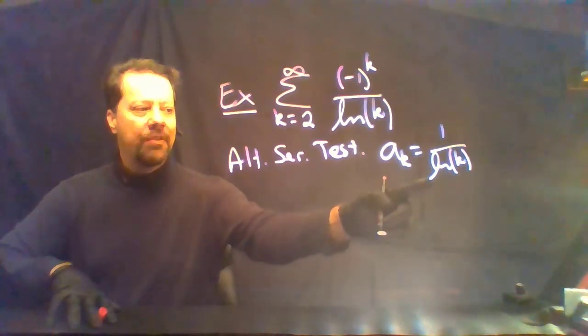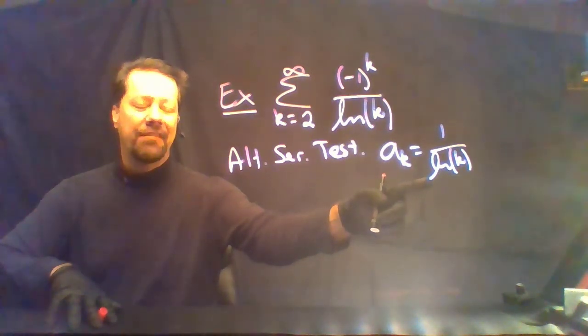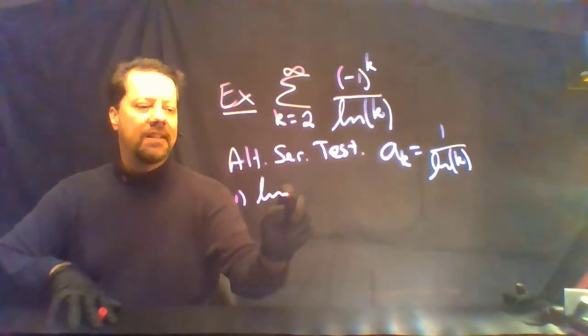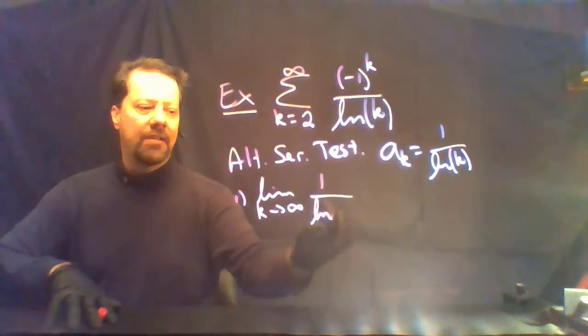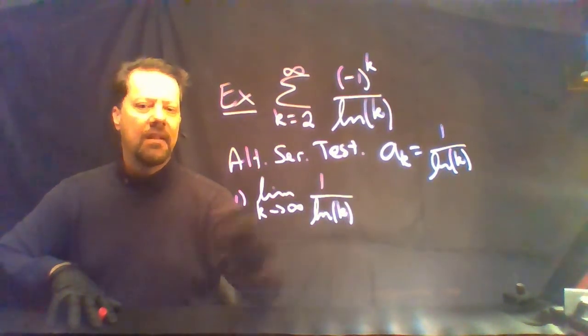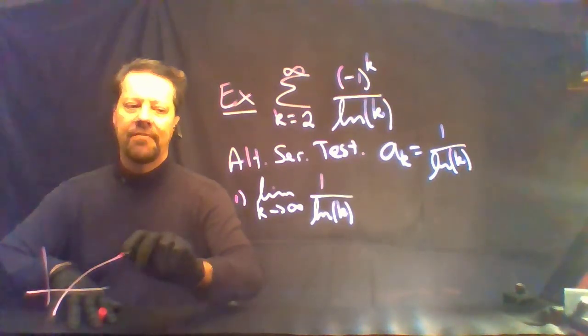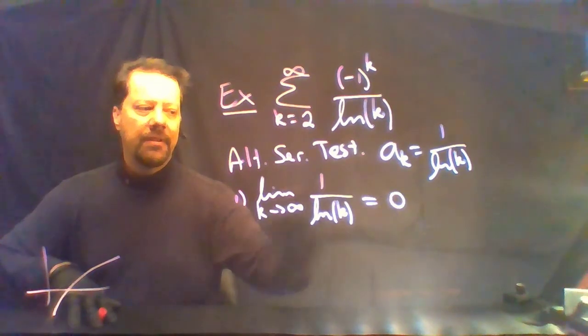We need to prove that these go to 0, and also that they go to 0 in a monotonic fashion. So first, we'll take the limit as k goes to infinity of 1 over the natural log of k. Since the natural log curve goes to infinity, 1 over infinity, this thing is going to go to 0.